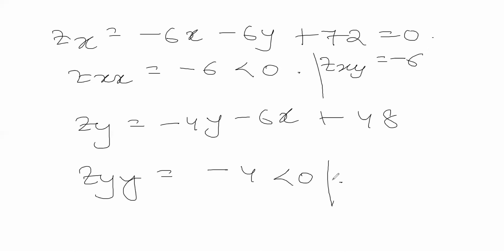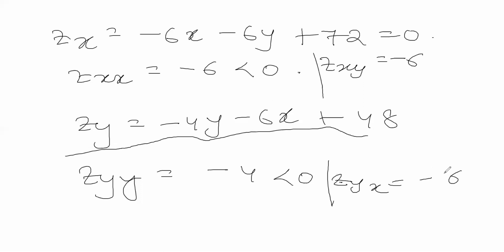Now I will do the cross partial, z of yx, and I see that if I differentiate it with respect to x again, here also I get a negative 6. So the cross partial derivatives are equal to each other, and it is negative 6.